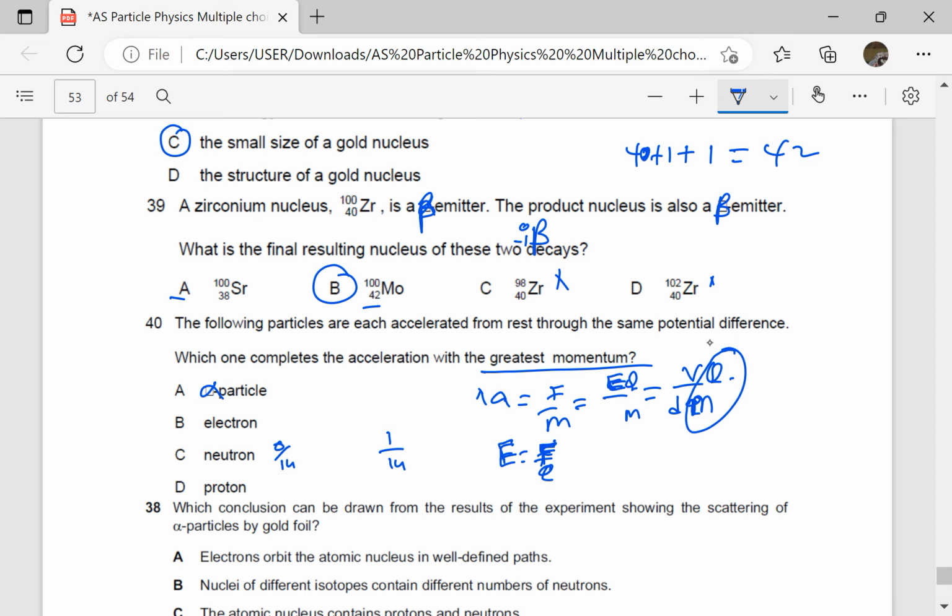The electron, the charge is negative 1, the mass is 1 over 1840u, so this one goes up, it becomes 1840 over u times the charge times E. Then the alpha, the charge is 2e, divided by 4u. So we see that the electron has the highest charge to mass ratio.